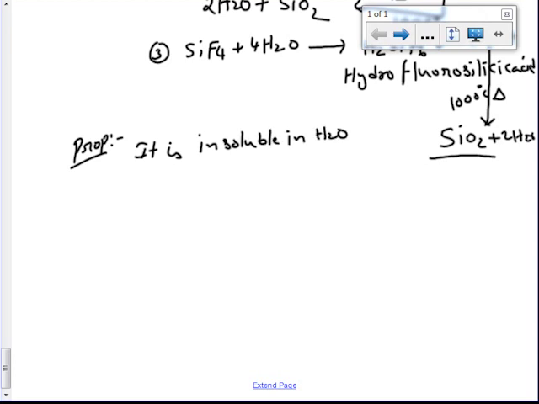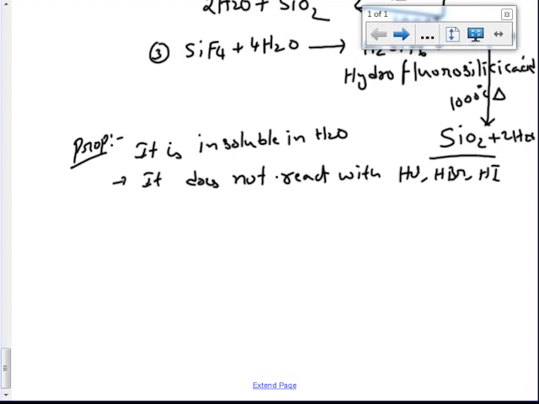It is insoluble in water, and it does not react with acids like HCl, HBr and HI, but it can react with HF.